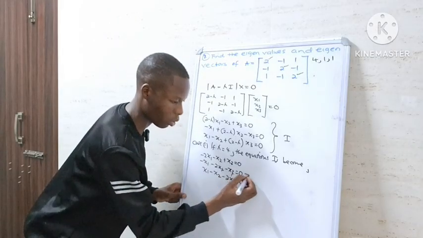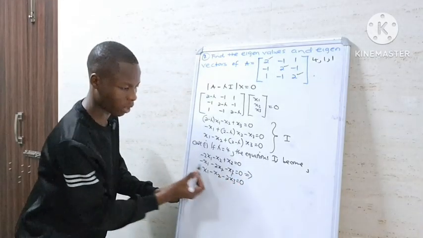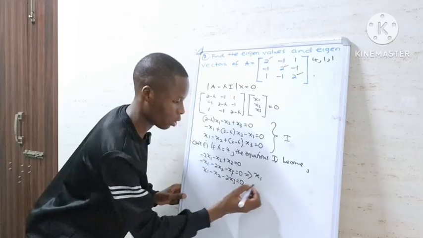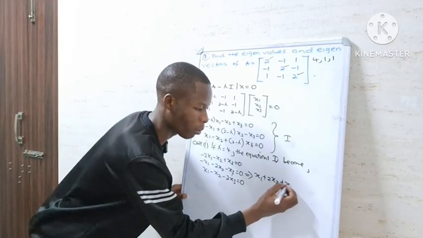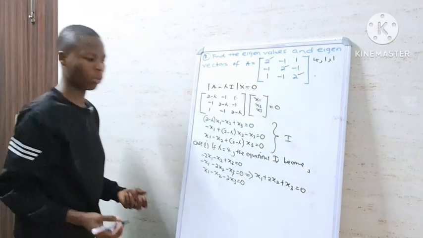This equation can be reduced too. If you factor out negative, this becomes x1 plus 2 x2 plus x3 is equal to 0.